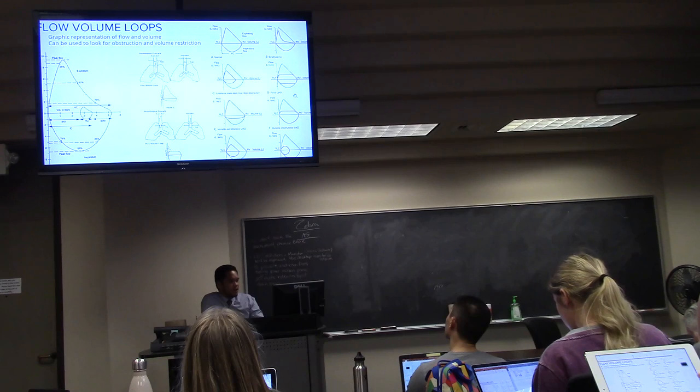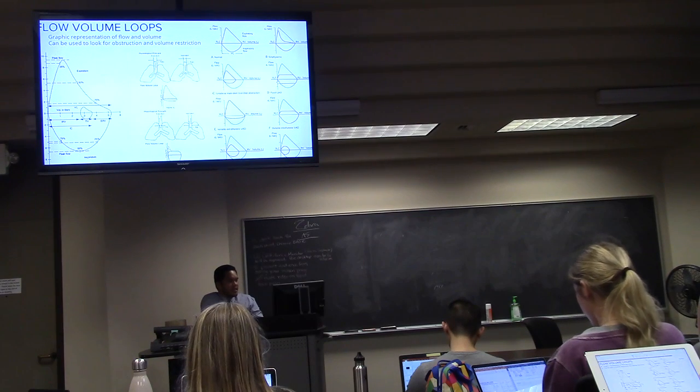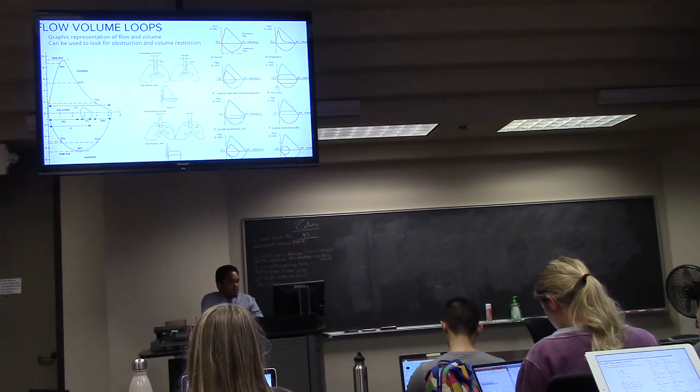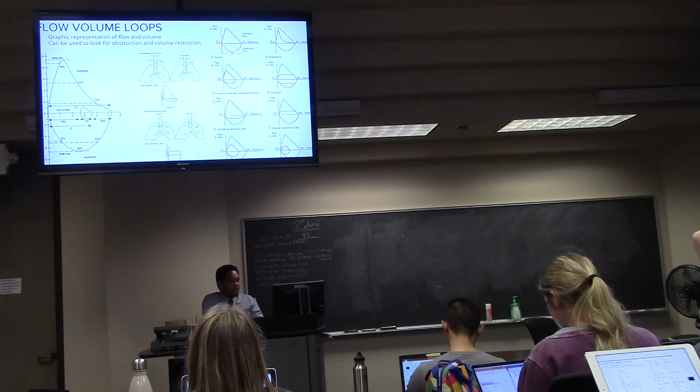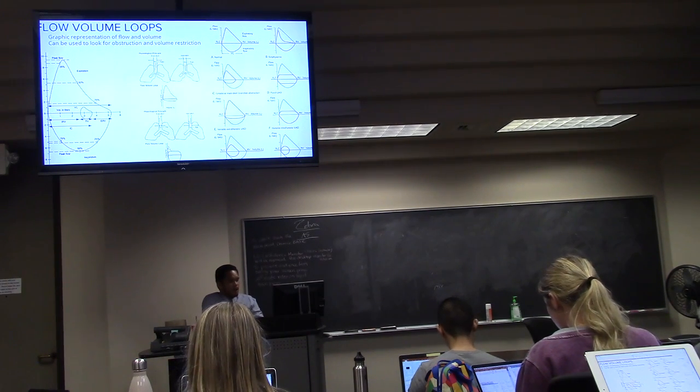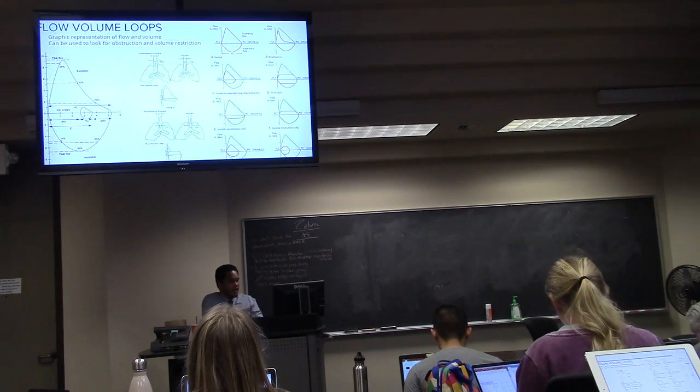Or if they have some sort of fixed area obstruction, say a laryngeal tumor or tracheal mass, they can't necessarily efficiently inspire or exhale. So this is what their flow volume loop on the mechanical vent may look like. Or if they have restrictive lung disease and they can't pull in that normal volume, then they can have low volume but normal exhalation and inhalation efficiency.